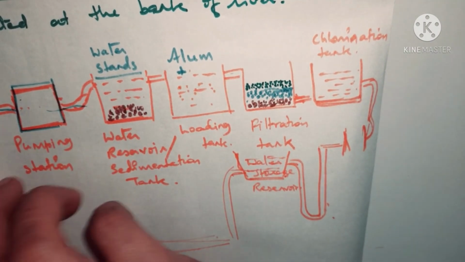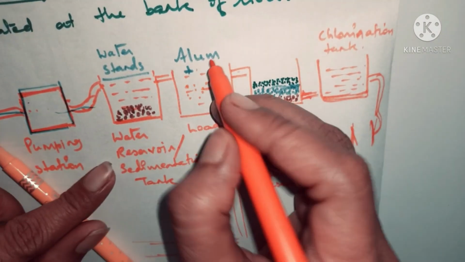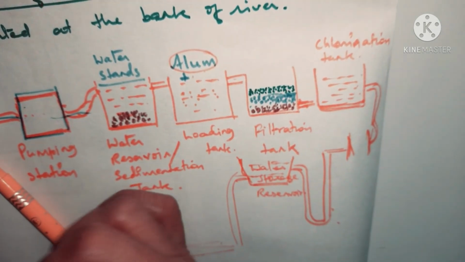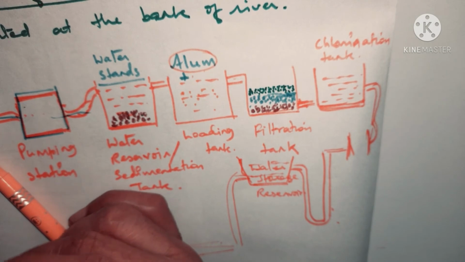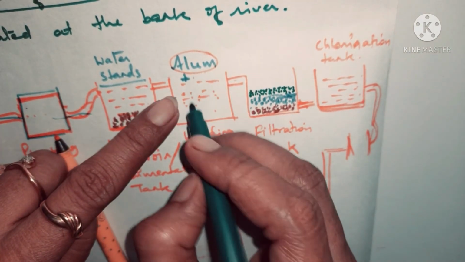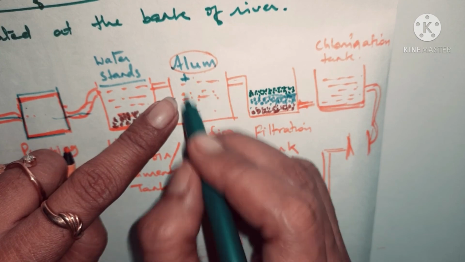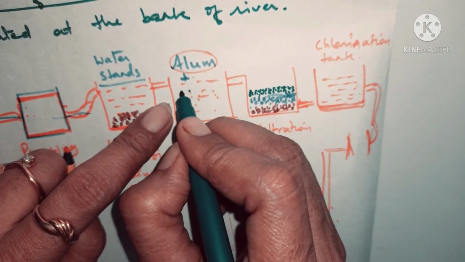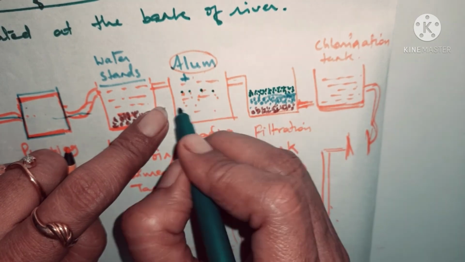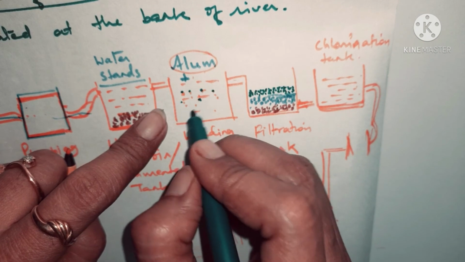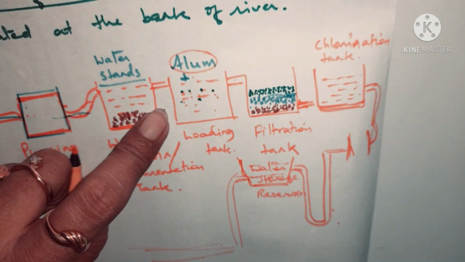Suppose this is alum. The alum is releasing its particles, dissolving into the water, and the particles come and settle over the suspended particles.